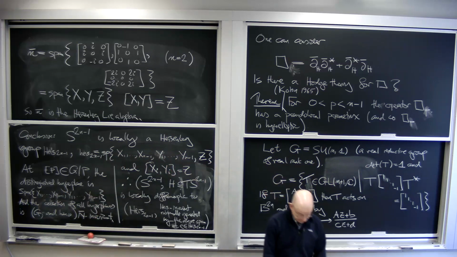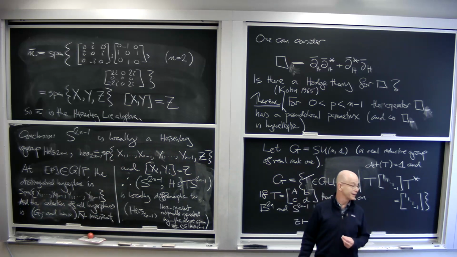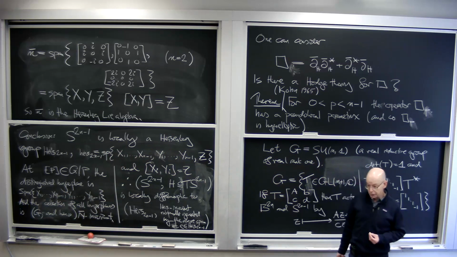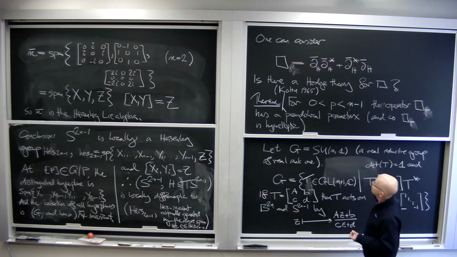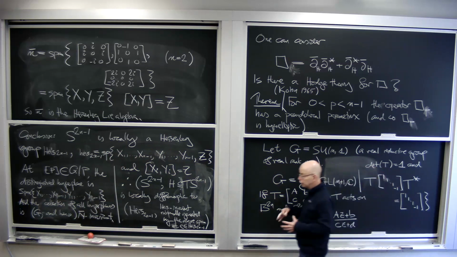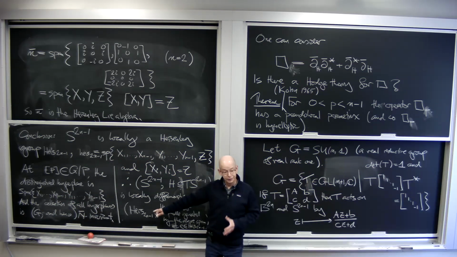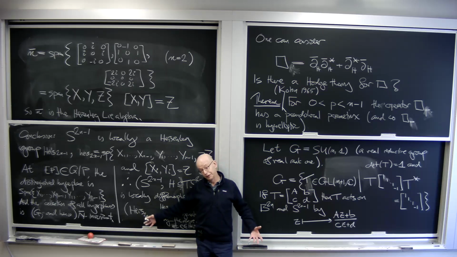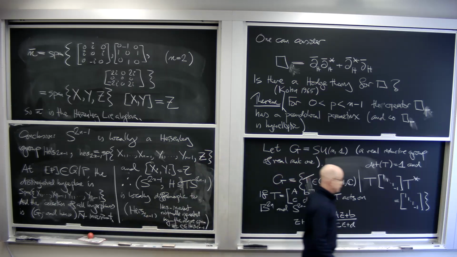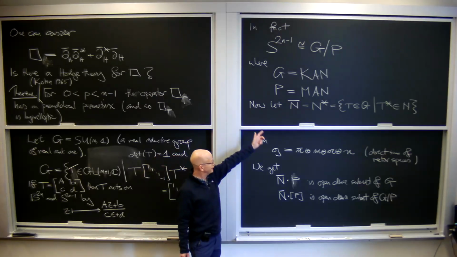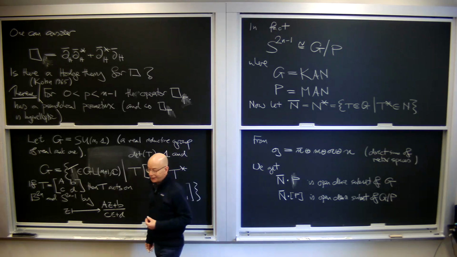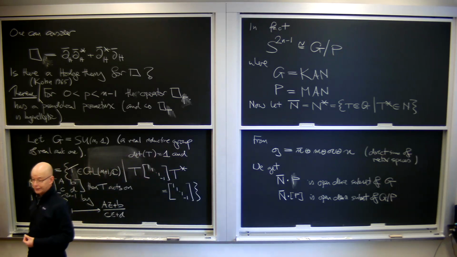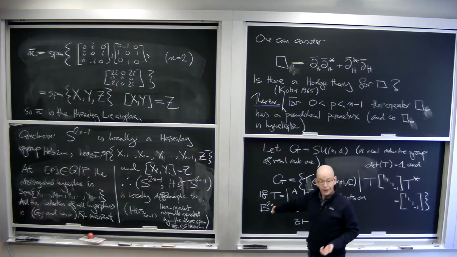So for better or for worse, and the jury is out at this moment in the lecture, the whole problem of understanding this operator, which is the Kohn-Laplacian, can be modeled by a similar problem in which the underlying geometry is the geometry of a Heisenberg group, not a sphere. It could be about SU(n,1), or spheres, or unitary groups, but it can also be about the Heisenberg group.